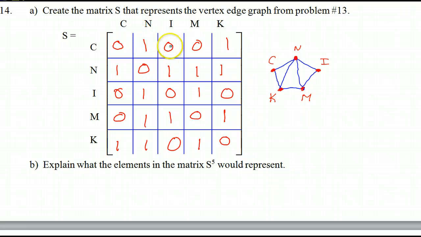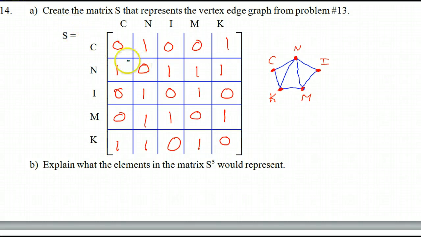So this 0 here shows that there are 0 ways to get from Colorado to Iowa while crossing one border. If we squared this, it would show how many ways to get from state to state crossing 2 borders.